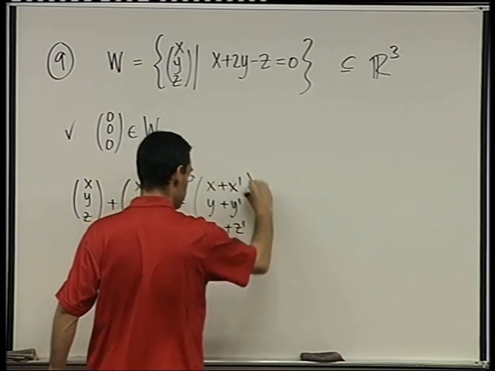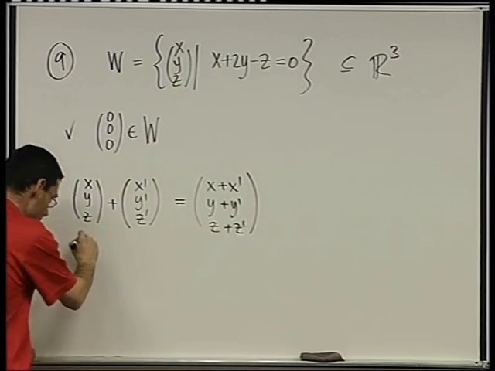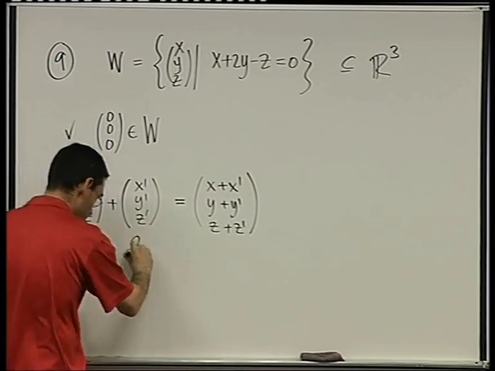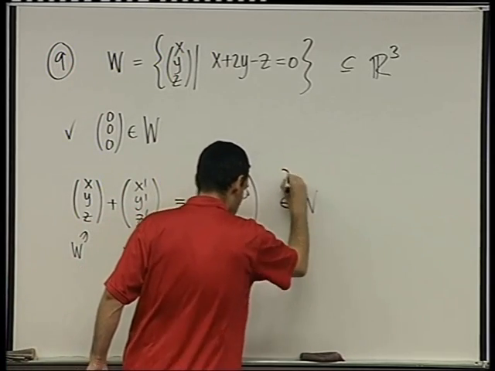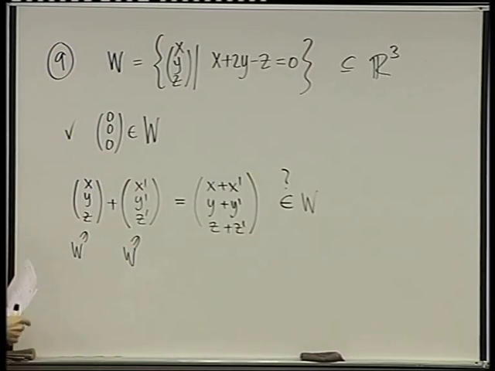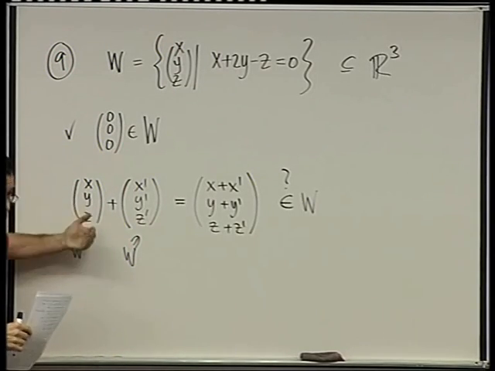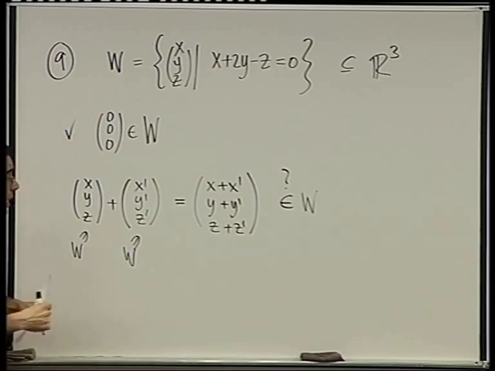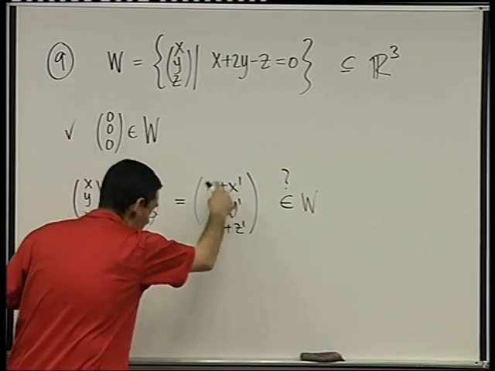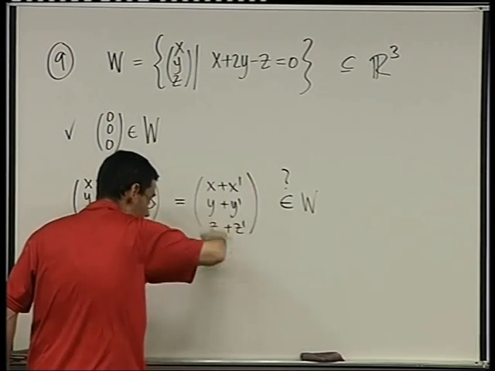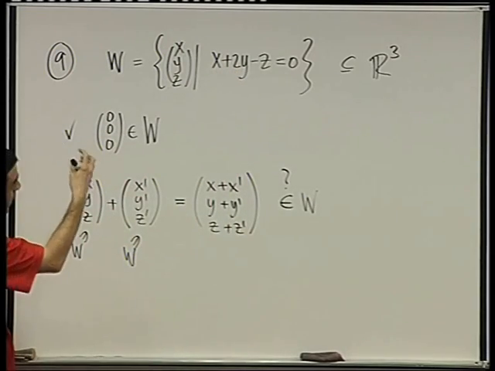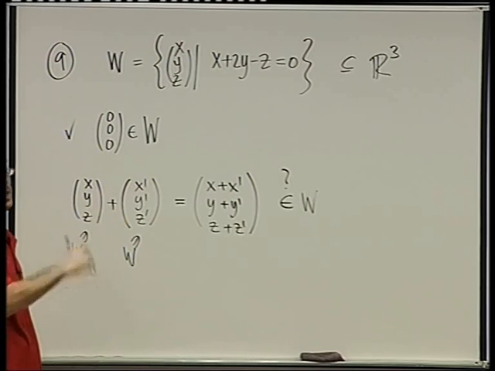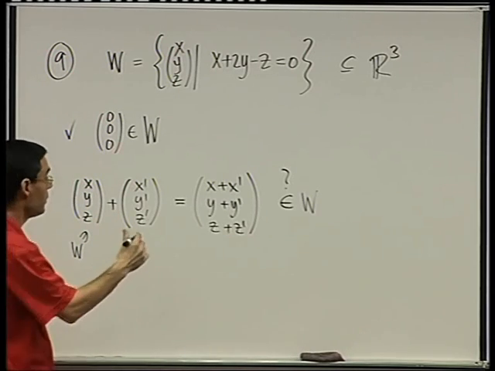Do you agree? Yeah. This is in W, that's our assumption. This is in W. We need to check, is this in W? That would mean that W is closed under addition. Okay? So how do we check this? We have to check that the entries of this vector satisfy the constraint which means to be in W.